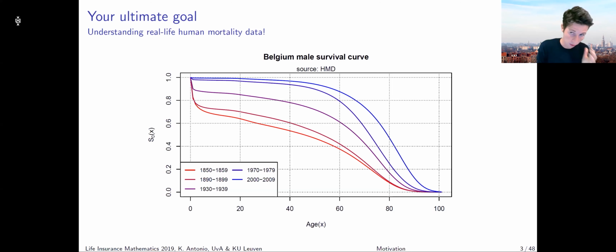And the idea here is that with these 5 lines, I used data from different decades, even from different centuries, to show you how this survival function for a newborn evolved over the years for the Belgian male population.